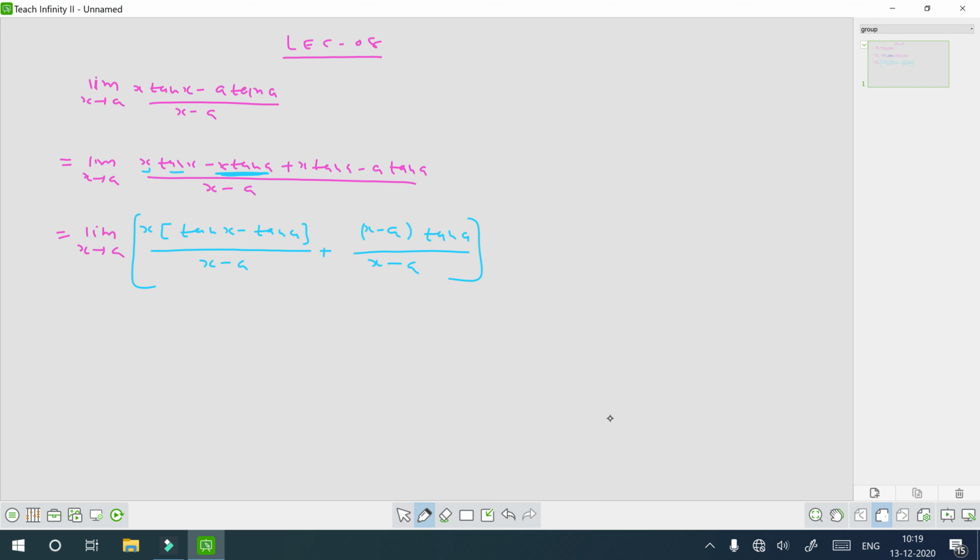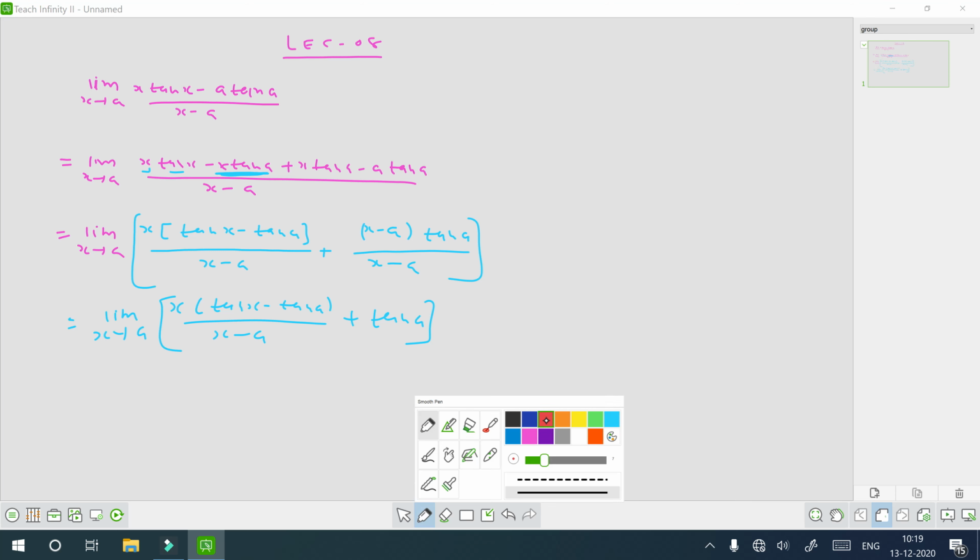Agree? So that is equal to limit x tends to a, give separate to the bottom, tan x minus tan a over x minus a. Here only you get tan a. Clear?